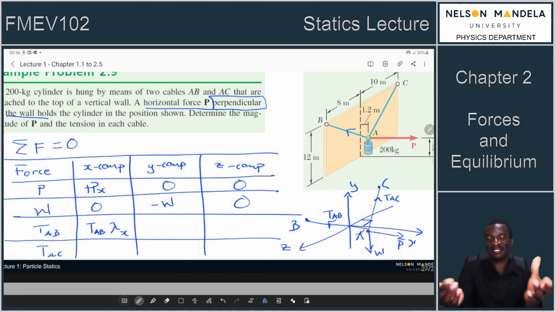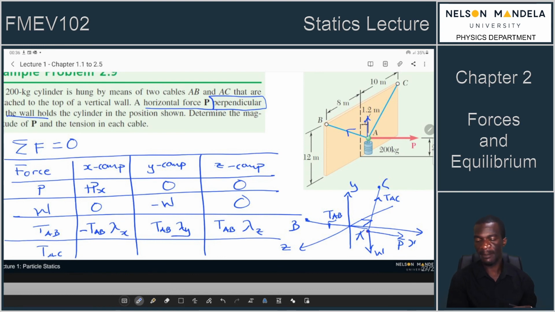By just inspection, you can tell that it is a negative force. Then in the y, it's obviously a vertical force. So that's our lambda in the y. Then our TAB in the z has a lambda in the z, and it is positive.